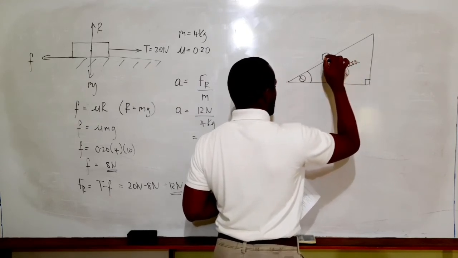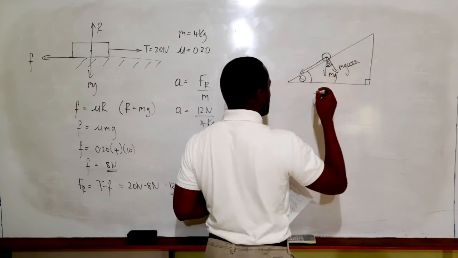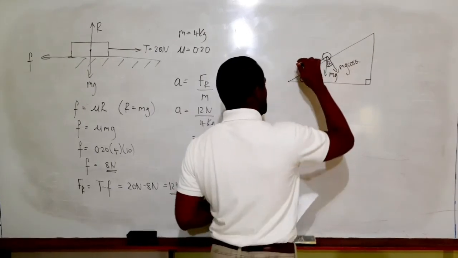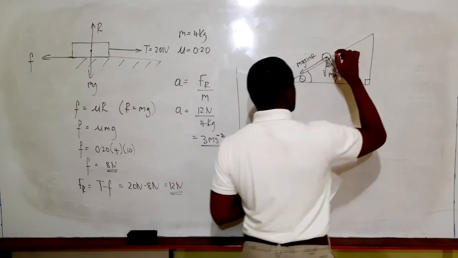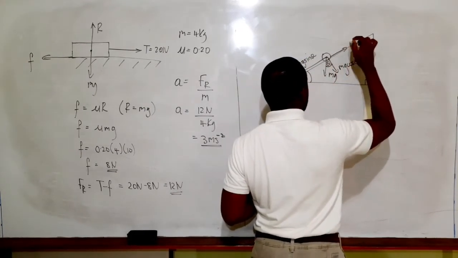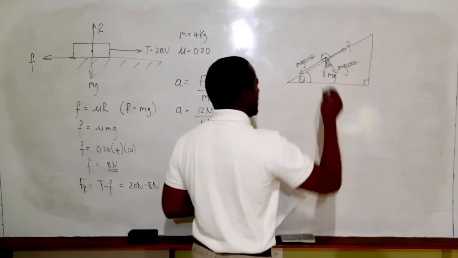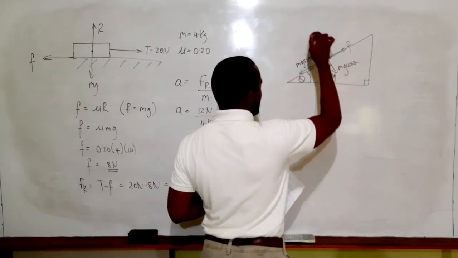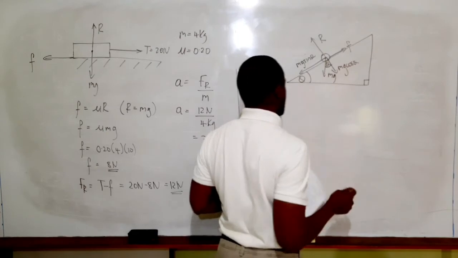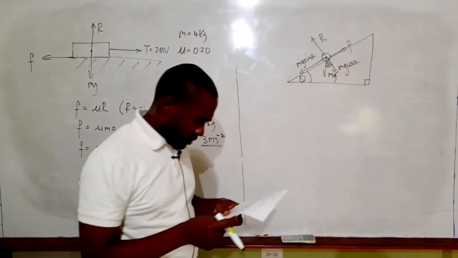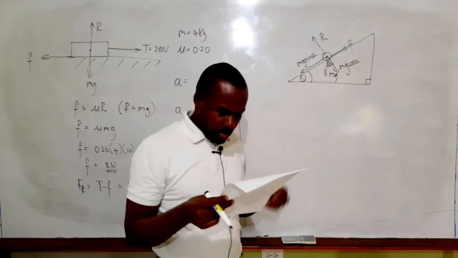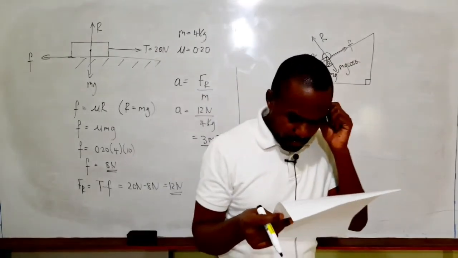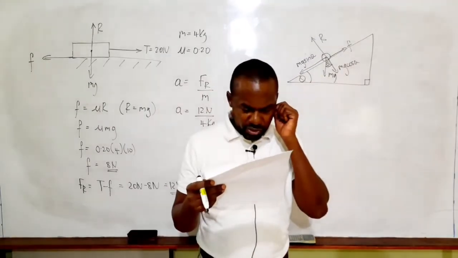It will have a component parallel to and acting down the slope, and that will be mg sine theta. There will also be a frictional force, we call that F, and there will also be a reaction force R. So they want us to calculate the coefficient of friction.